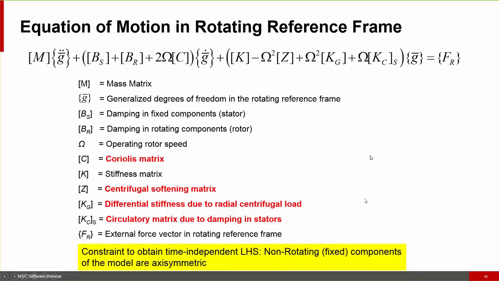But again, these are considerations that you engage when you make your model and decide whether rotor or stator can be axisymmetric or cannot be axisymmetric, and then you make the appropriate choices of reference frame and analysis assumptions.